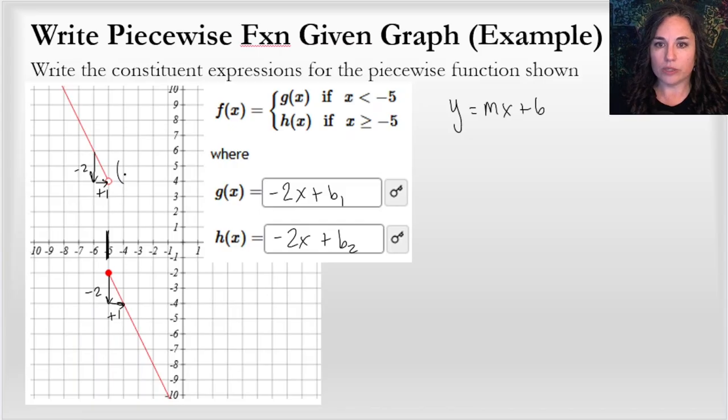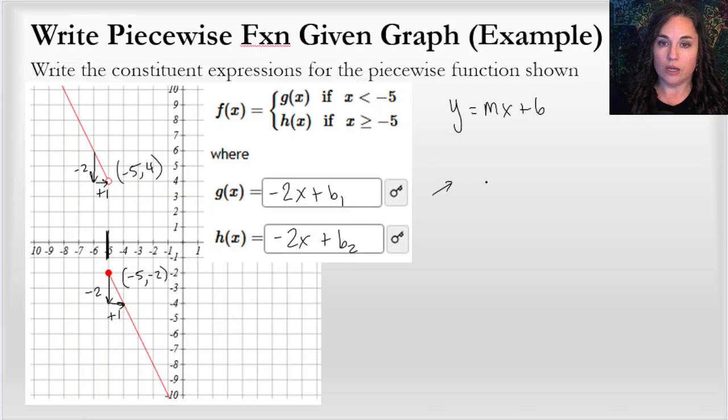I know (-5, 4) for g of x is a point on that line, and I also know that (-5, -2) is a point on the other line. So I can use those inputs and outputs to find my y-intercepts.